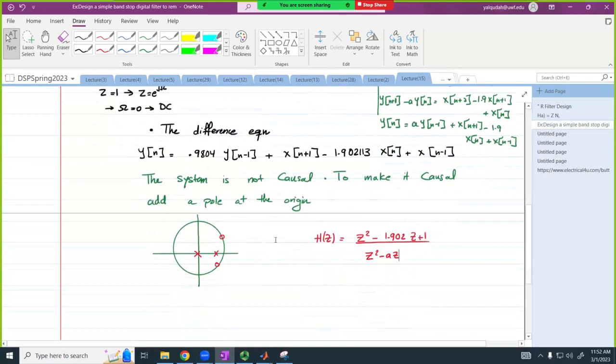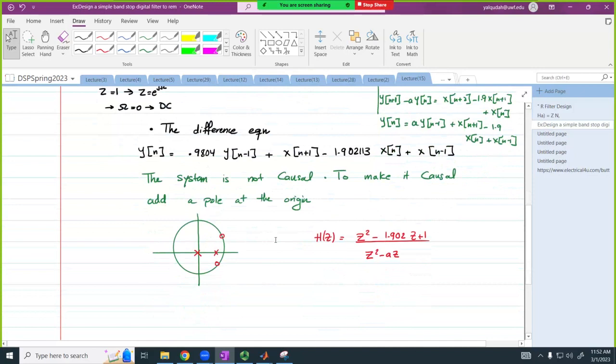Okay. What is the impact of adding this pole at the origin? Is it going to change the frequency response of my system? Yes or no? No. Why not? Because the origin is at equal distance from all the frequencies, and that distance is equal to 1.